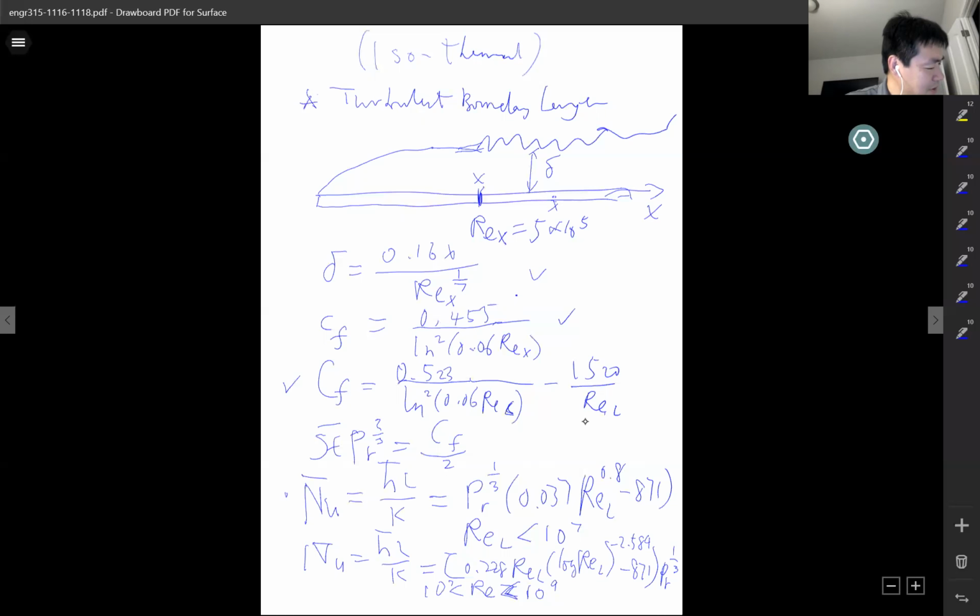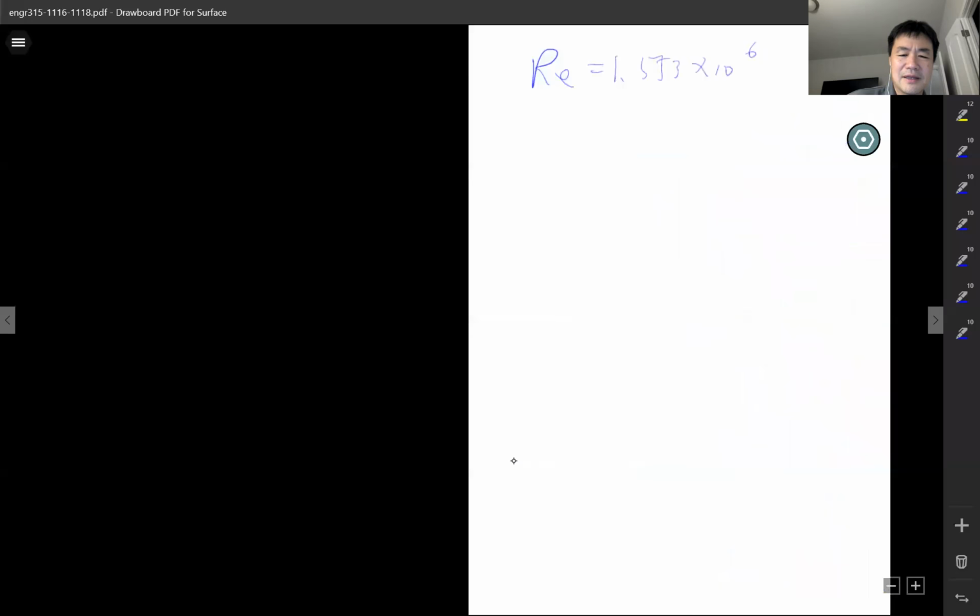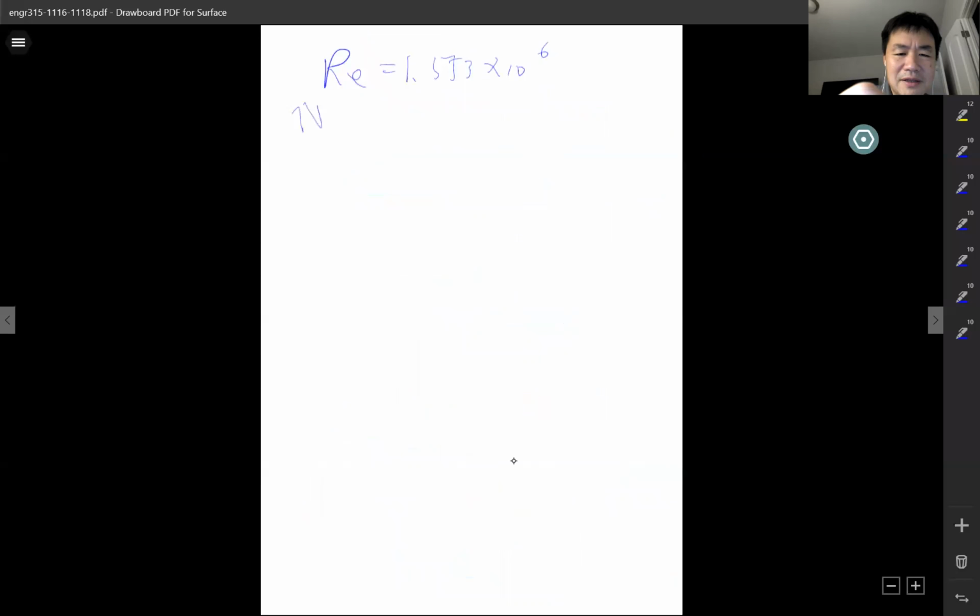Based on this equation, do we have everything? We have the Reynolds number, but we need a Prandtl number. Let's write this again. Based on this Reynolds number, the average Nusselt number, h L over k. I need a k too, because I need to find h.